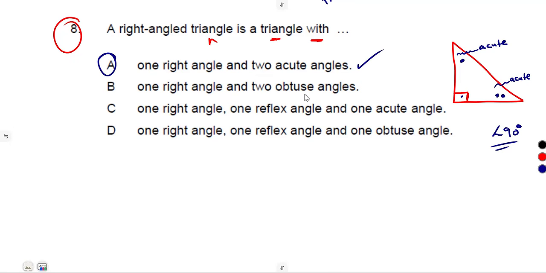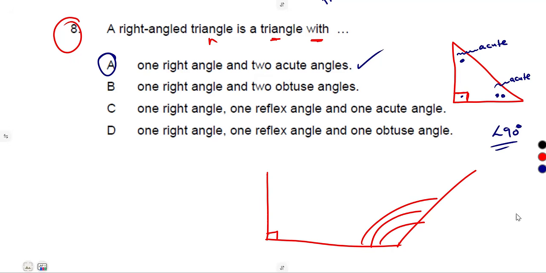and two obtuse. Guys, it cannot happen that there is a 90 degree angle here, then we've got an obtuse. An obtuse, remember, is an angle which is more than 90 degrees. It can be 120, it can be 130, it can be 150.